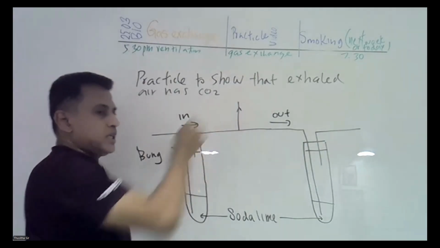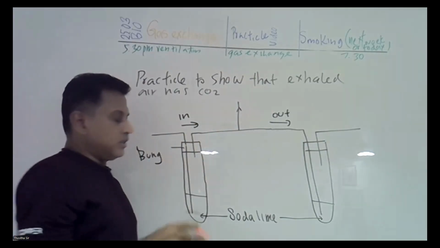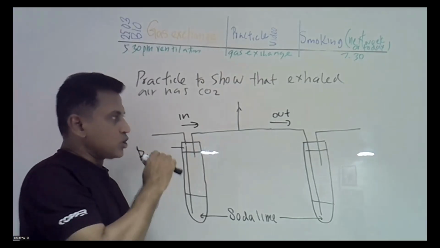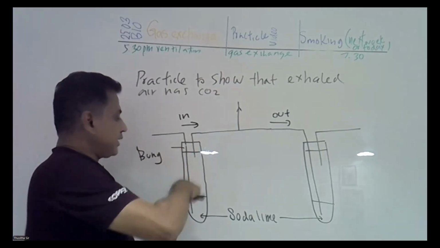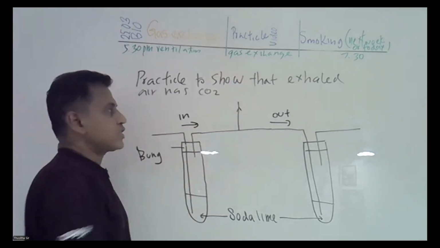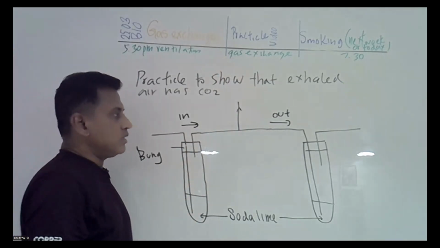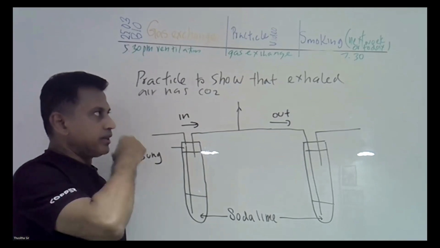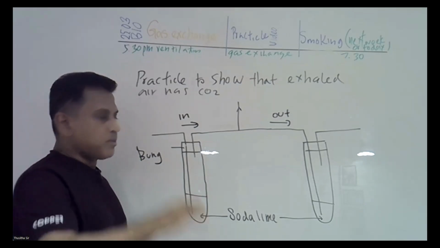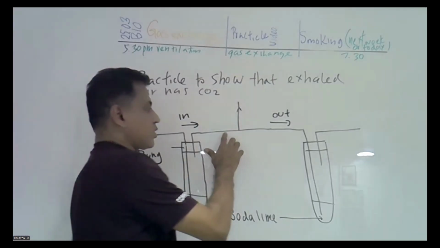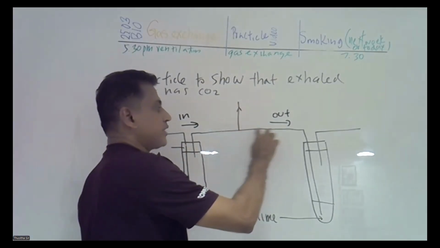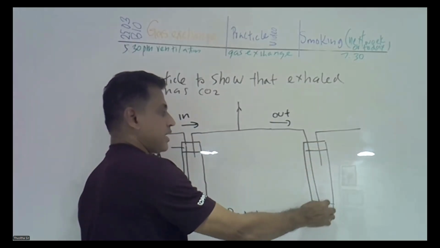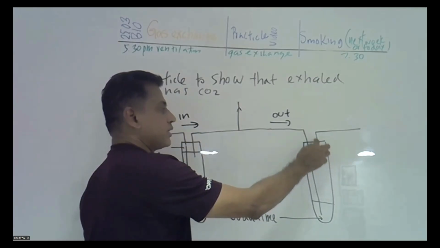When the person keeps this part of the tube in the mouth, he does mouth breathing this time. When he breathes in, the gas comes this way and goes there. The second time, exhalation starts, breathing out. This side is closed and the air goes this way. The air goes to the soda lime here, bubbles, and the rest of the gas goes out.